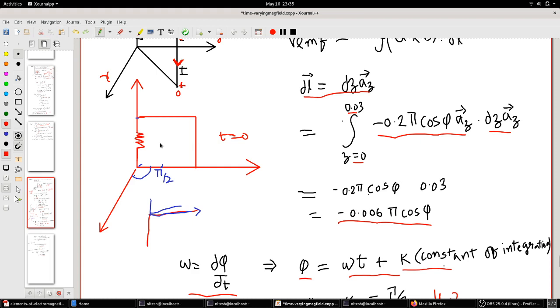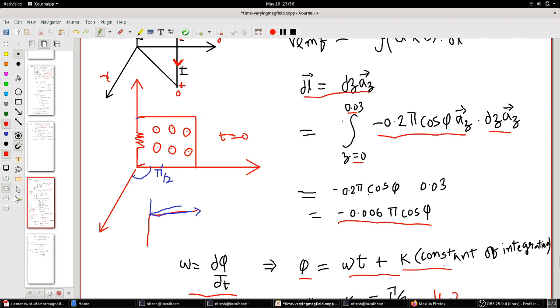This is how the loop is, and your field is coming in the x direction. For this scenario VEMF is 0 at t equal to 0 because it's stationary. Now it starts moving.